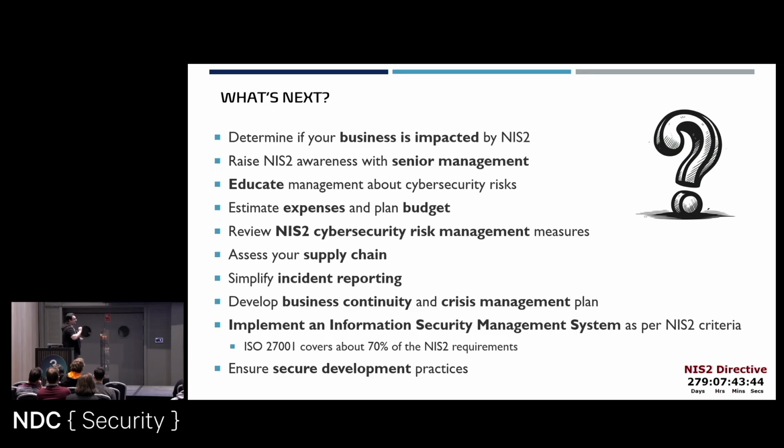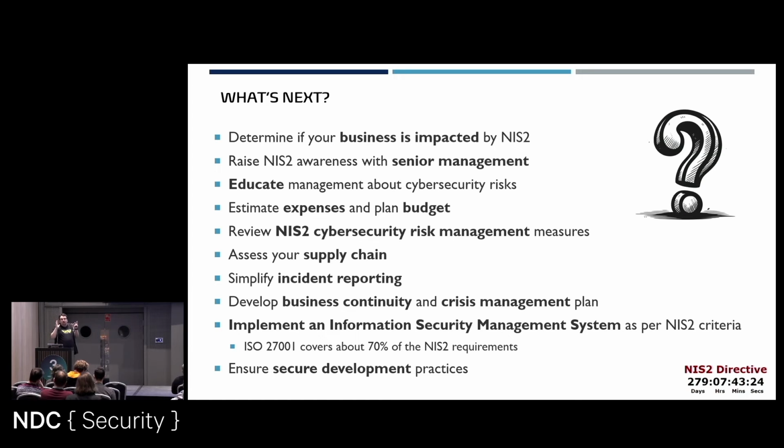Now, there's a bullet point that I wanted to include here. If your organization is already compliant with ISO 27001, that already covers about 70% of the NIS2 requirements. So you're already in a better starting position to just do the remaining stuff.